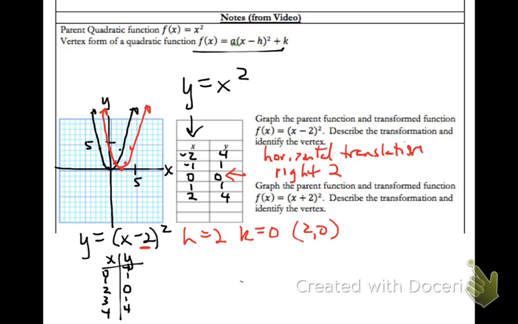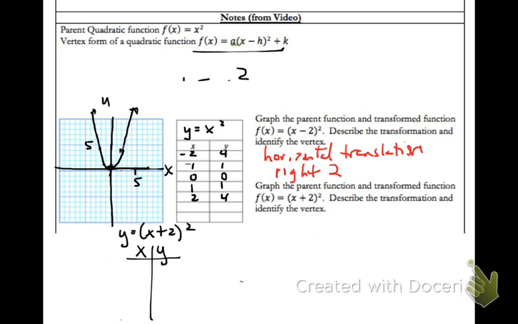So we'll keep our parent function, and now we'll graph this second transformation, f of x equals (x plus 2) squared. With the equation of this graph, I notice that my h value is negative 2, because it's the number that's being subtracted, and my k value is again 0. That's my vertex, so I'll start with that, negative 2, 0.